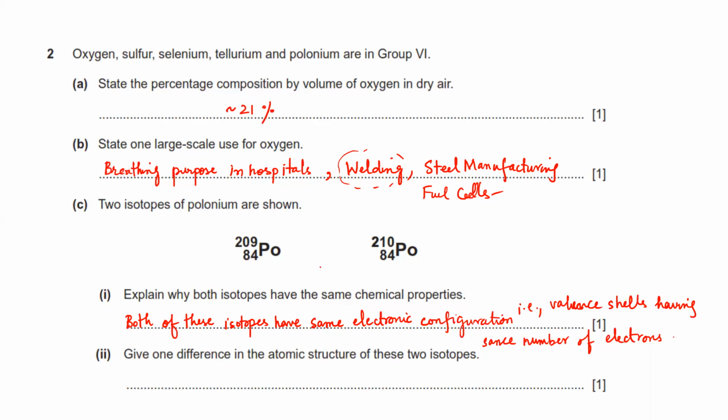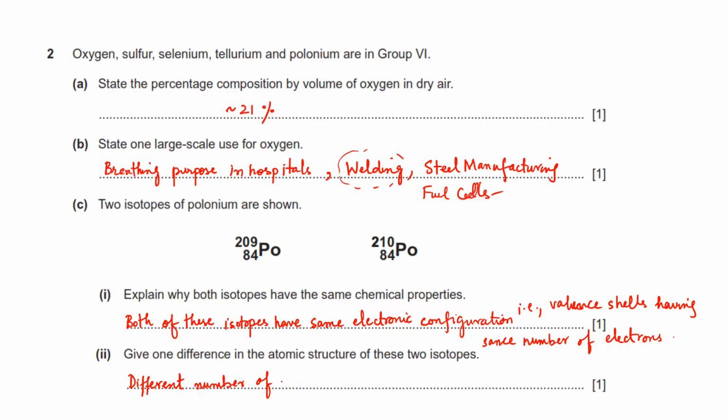So remember, isotopes have the same number of protons but a different number of neutrons, that is the definition. Again, give one difference in the atomic structure of these isotopes. So it is the same number of protons with a different number of neutrons. So we can say different number of neutrons.